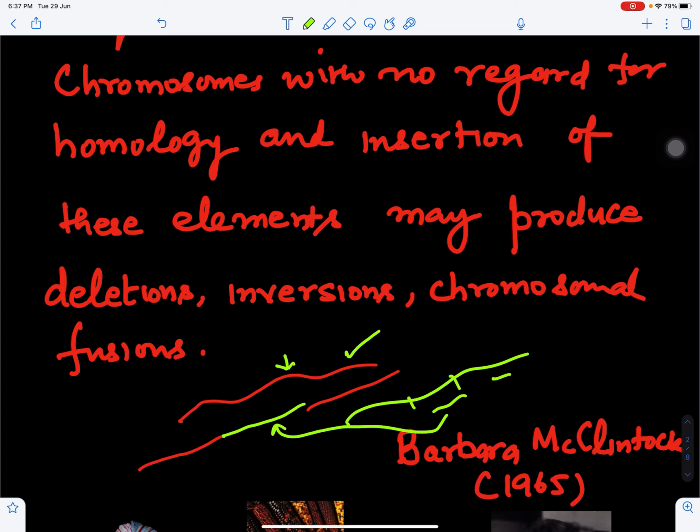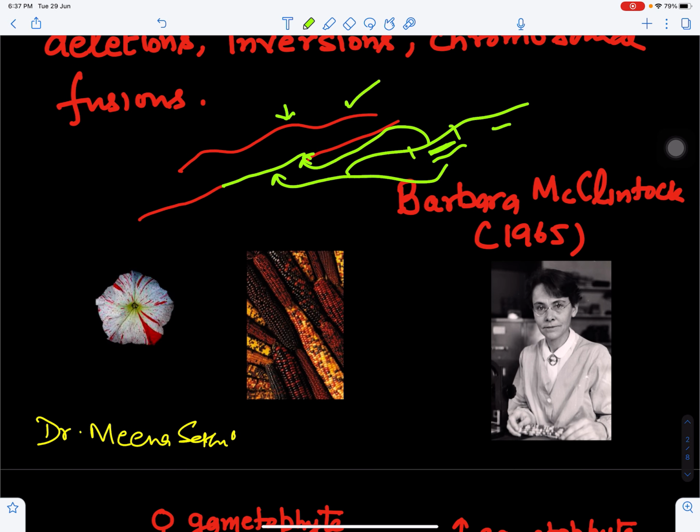So there is no homology, no similarity between them. Now when this DNA is getting integrated from here into this, it is causing additions of genes, right? So certain changes may occur. Genes may get deleted at this place, they may show inversion, they may show different kinds of chromosomal aberrations.